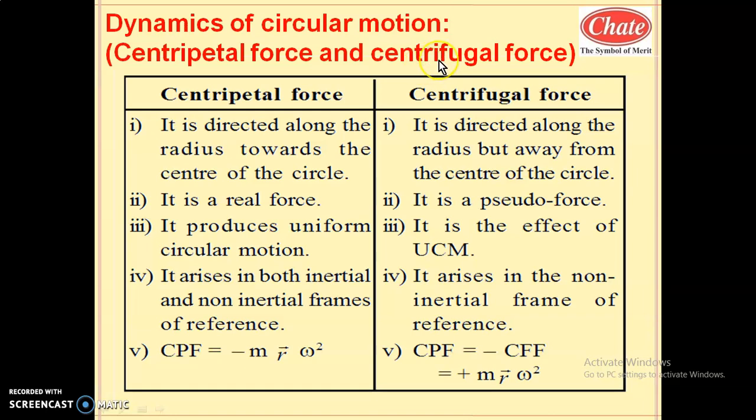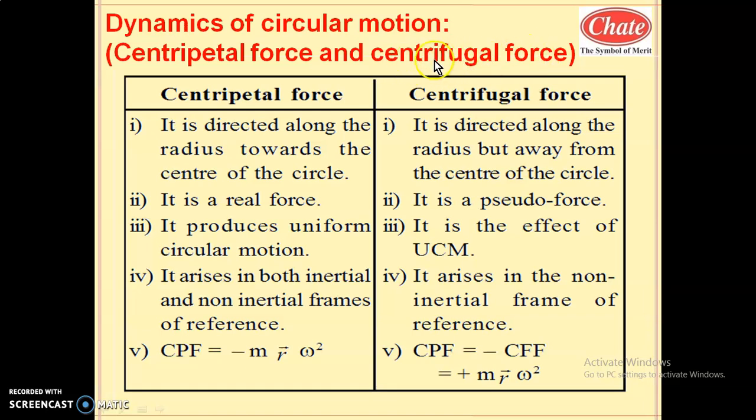You know one more example, like the merry-go-round. When the merry-go-round rotates, all the toys suspended from it fly up, moving radially outward due to one force, called the centrifugal force.